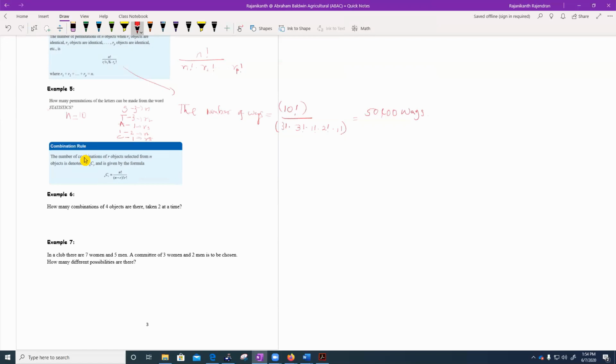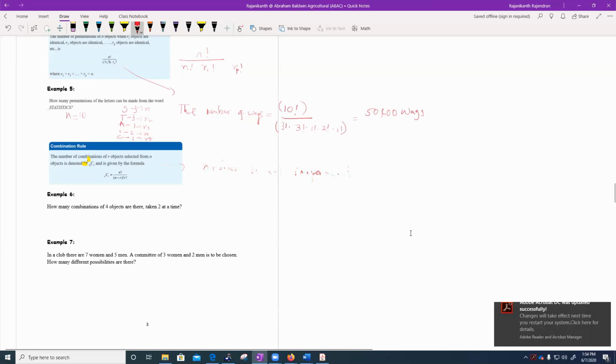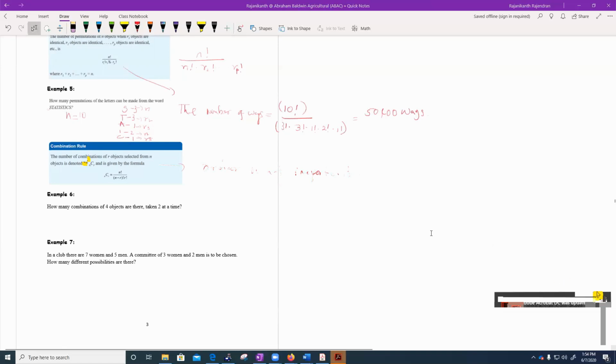So when you use the combination rule, you have to keep in mind that order is not important, right? You are not putting into order. Remember, in the NPR formula, order is important. You are choosing R objects from N objects, and you are putting all into order. So here order is not important.